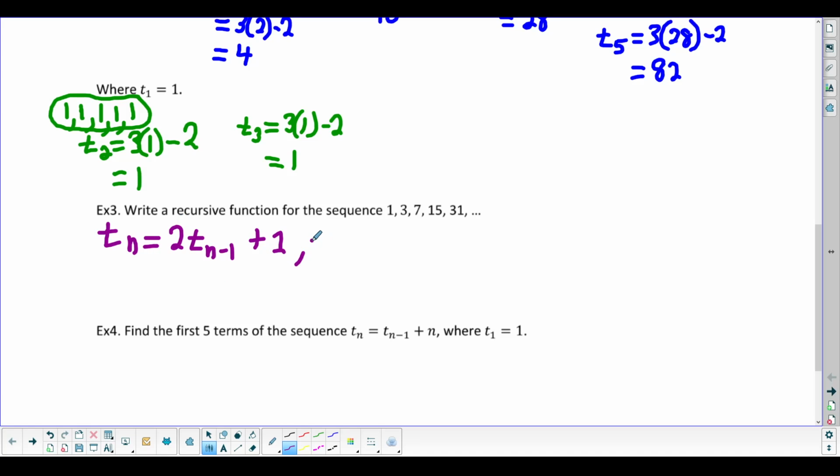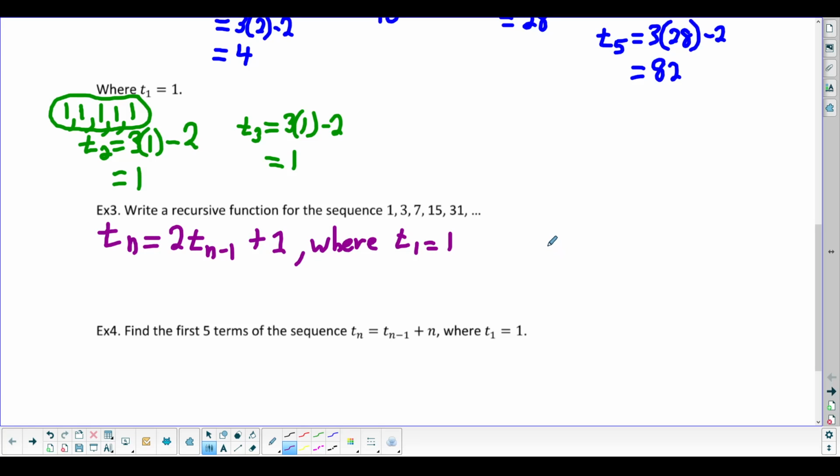And we might also want to say what our starting value is, where T1 is 1. We have this recursive function, but it's also nice to have that starting value in there, so that way we could reproduce the sequence. If we just knew this part in purple here, we could reproduce this sequence because we know the starting point.